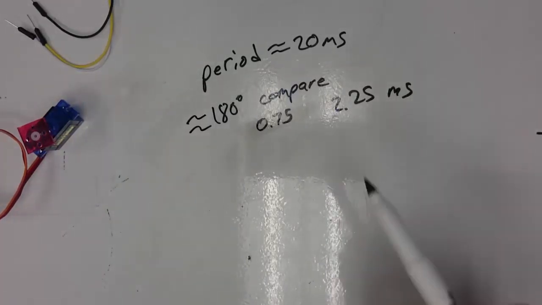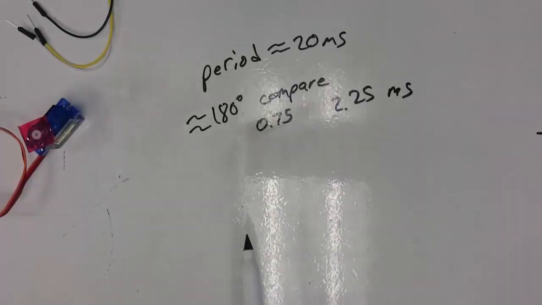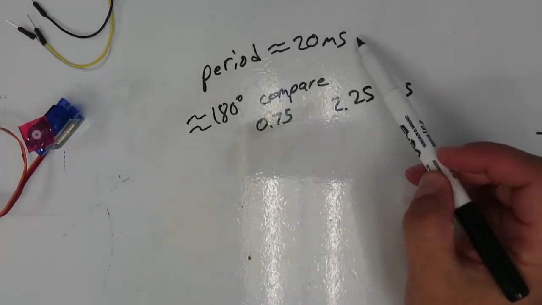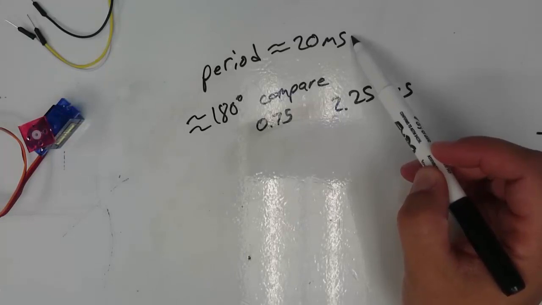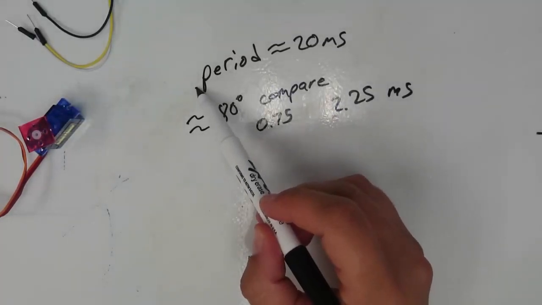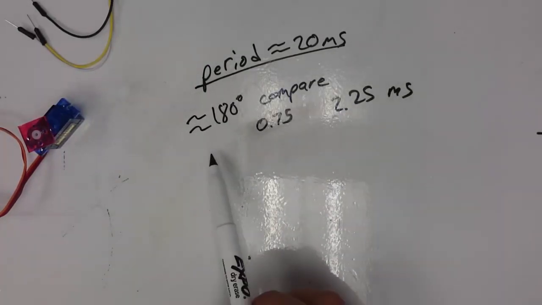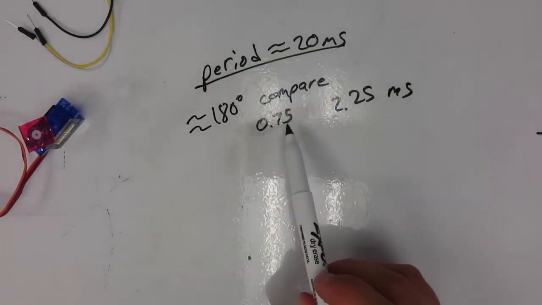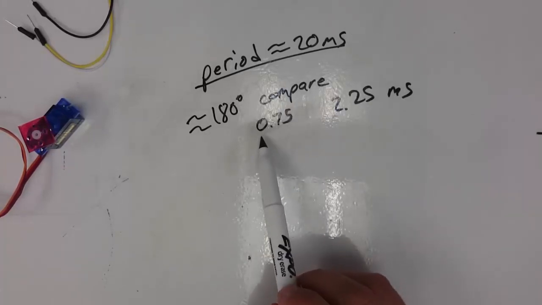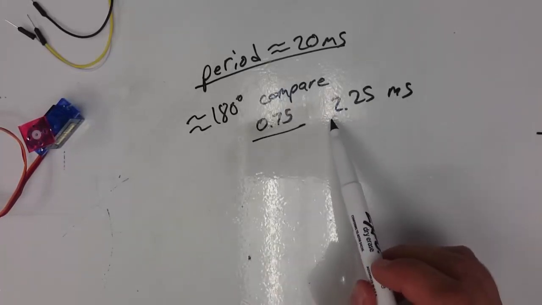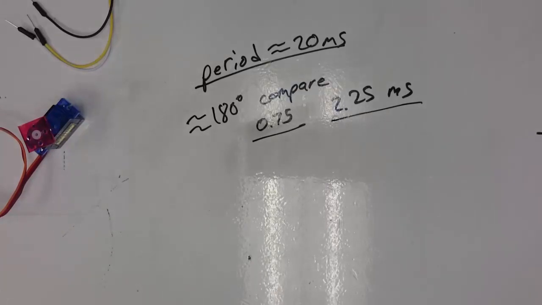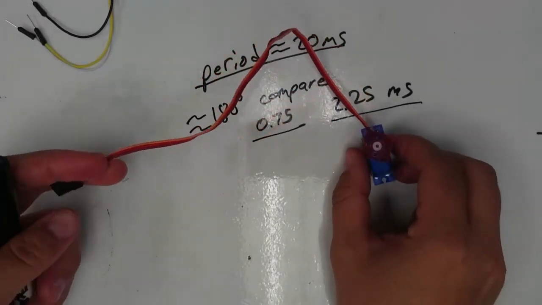So what we want to do to get our servo turning to different angles is first we need to figure out what to set the period value to in order to get 20 milliseconds. And then we want to write some code to change the compare value between 0.75 and 2.25 milliseconds. Then we're going to wire up our servo.